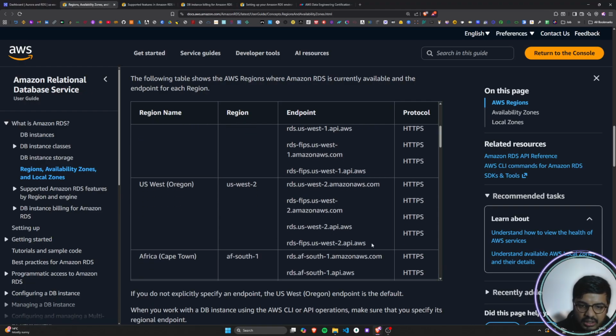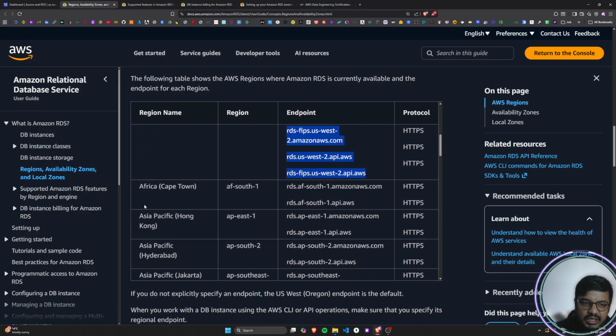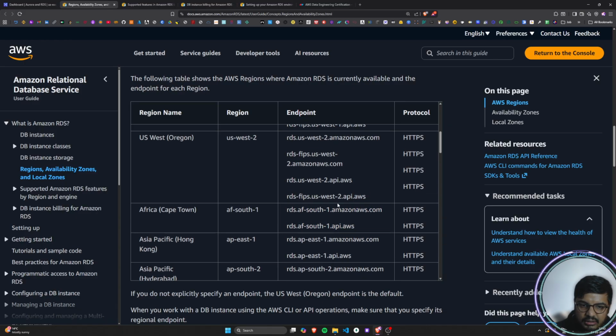If I talk about the US regions, all the US regions have 4 endpoints. Now if I talk about the Asia Pacific regions, they have only 2 endpoints, right? These 2 are not there in the Asia Pacific regions.